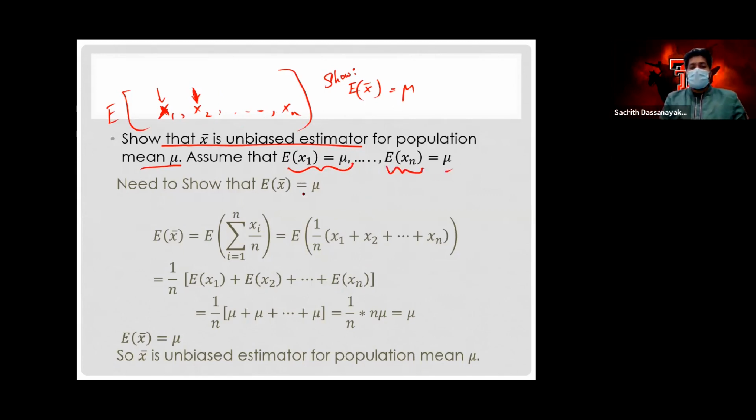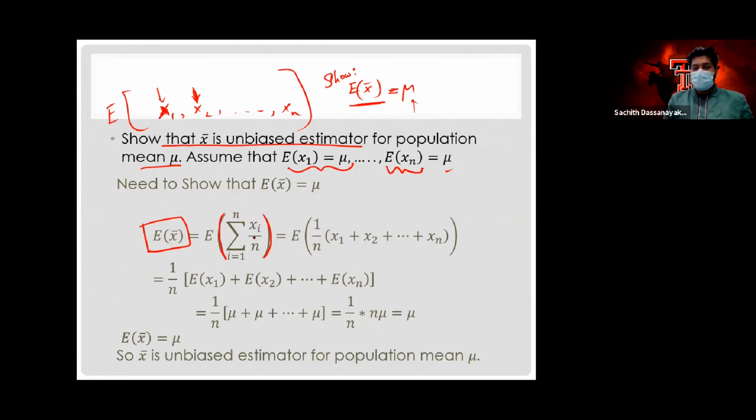So for the expected value of x bar, we take the left-hand side and need to show it equals this, right? Consider the expected value of x bar. What is x bar? X bar is the summation of xi over n, the definition of the mean, from i equals 1 to n.